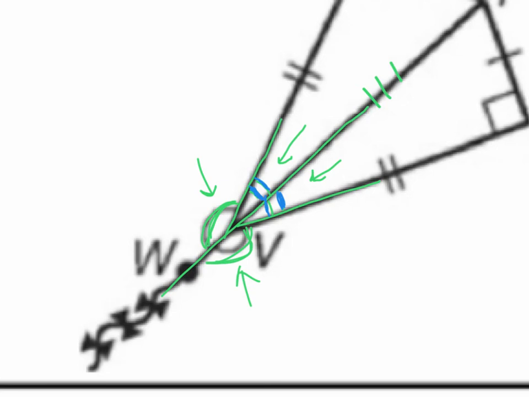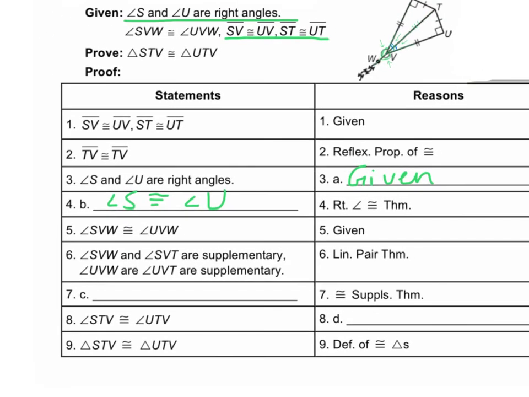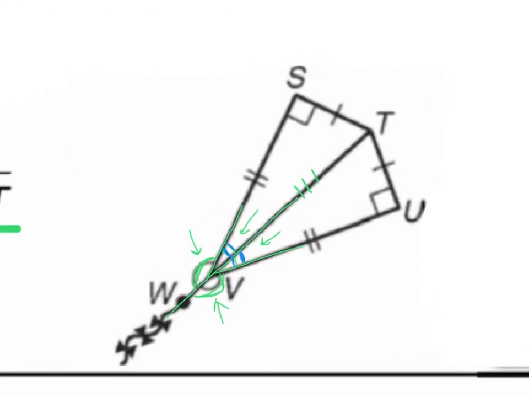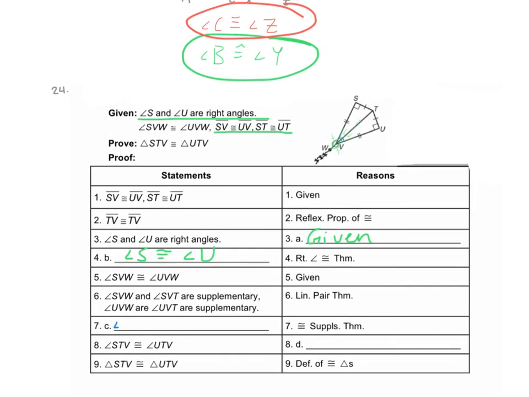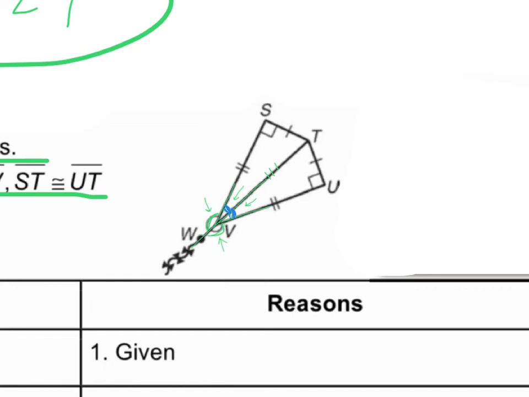So now these two angles are also congruent. So what can we put for the statement in step 7? We're talking about these blue angles. We just said that they're congruent. So angle SVT is congruent to angle TVU. So this angle is congruent to this one.